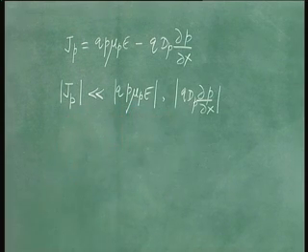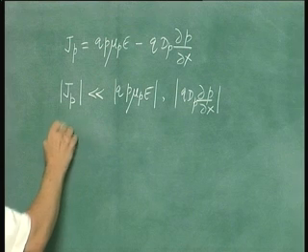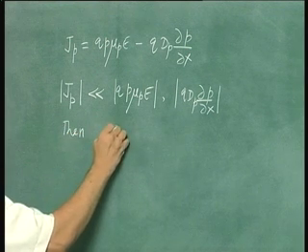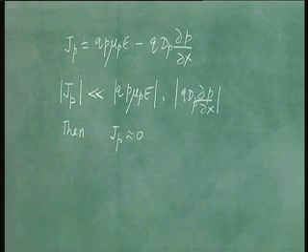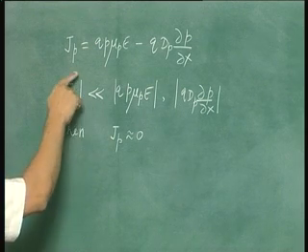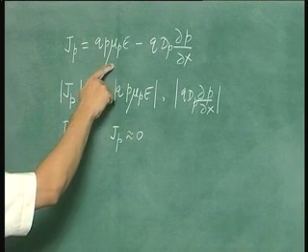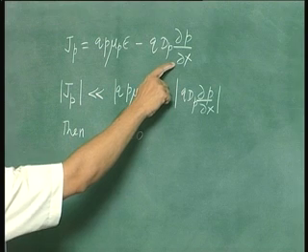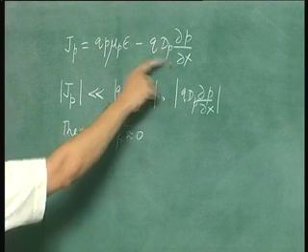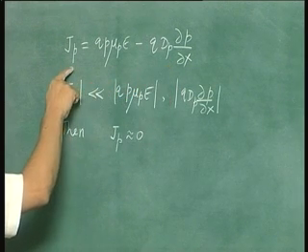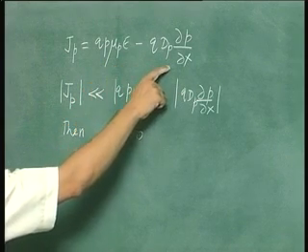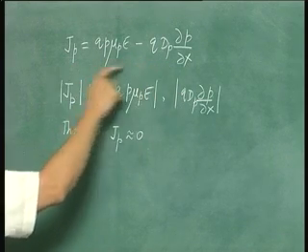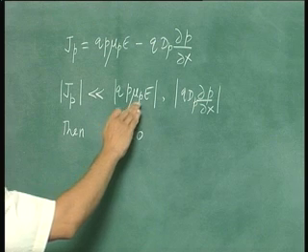If this is satisfied, then we can write Jp is approximately equal to 0. So whether this is 1000 and this is 1000, in which case this is exactly 0, or in the other case this is 1000, this is 995, the difference is almost 0 compared to the individual magnitudes.